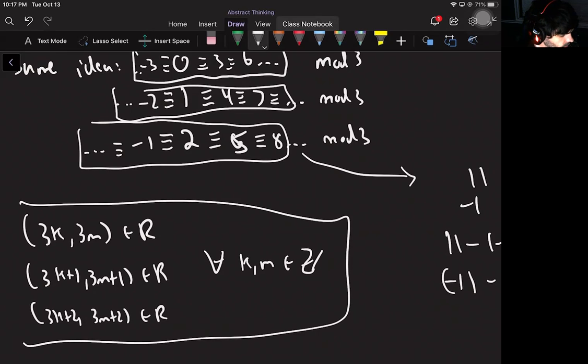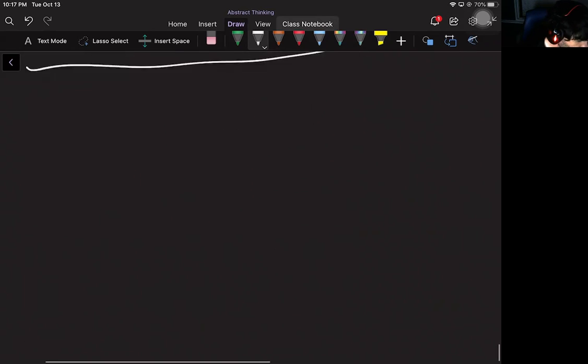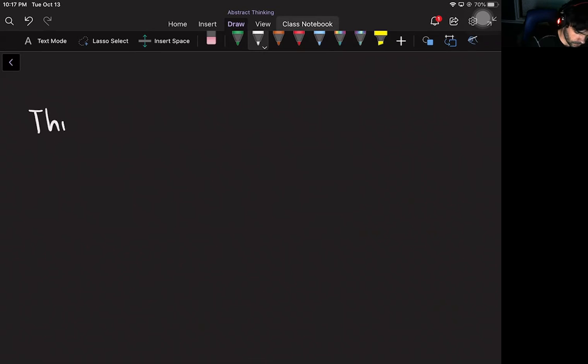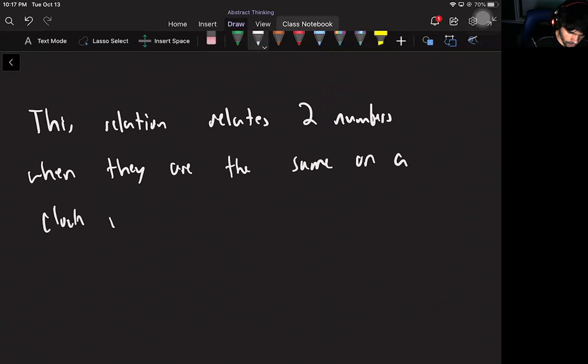so this is very related to clocks, actually. So let's think about that. So this relation relates two numbers, another way to think about this, when they are the same on a clock with n numbers.